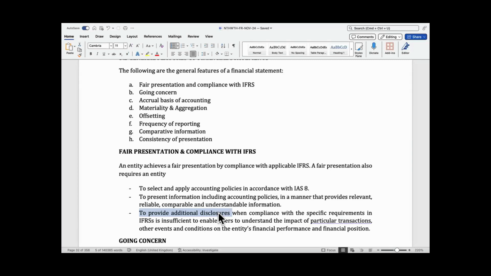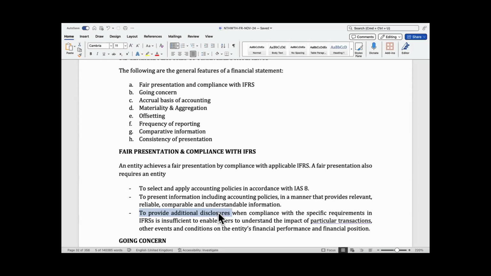completeness, like you need to ensure that all information is presented. You do not omit anything, there should not be omission, and it should be free from error.